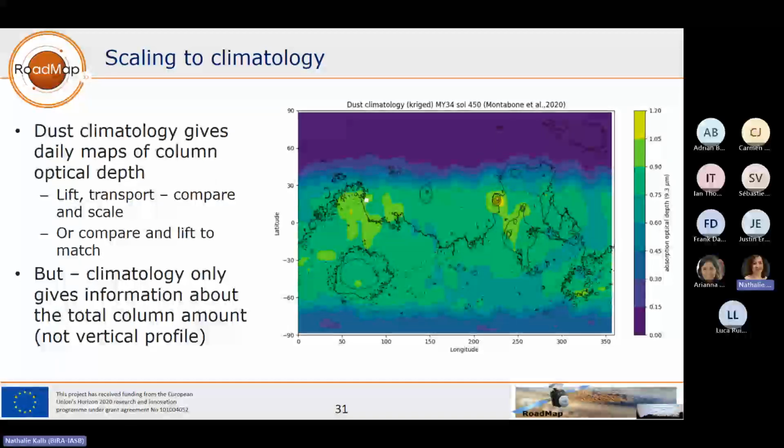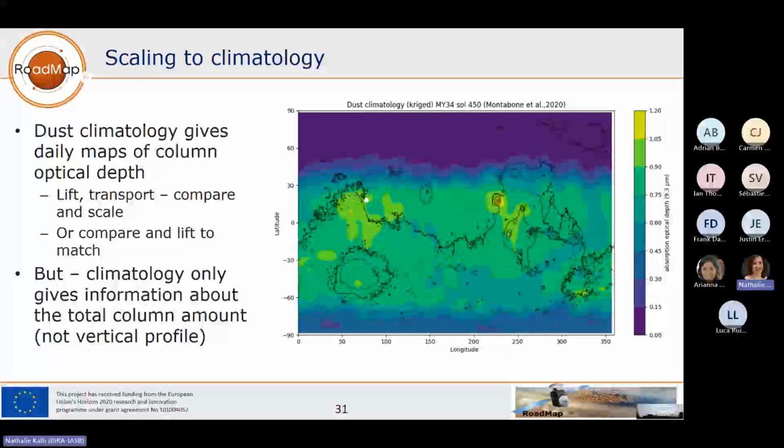You can either just look at how much dust you've lifted, how much your total column amount is, and if it doesn't match, you scale it, and then continue on your way. Or you can compare and say, oh, we don't have enough dust, so we lift some so that it will match.